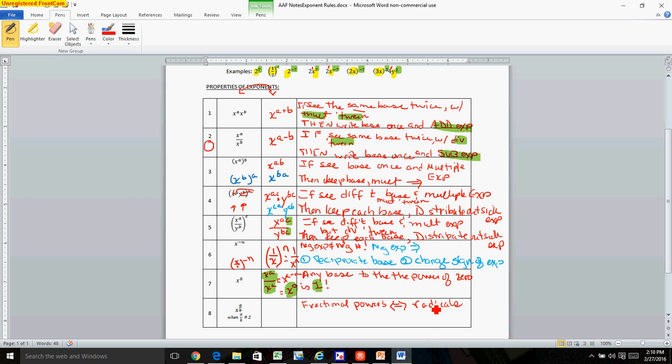So, the numerator of your fractional power stays with the base.